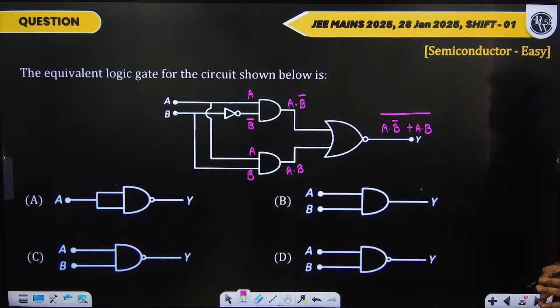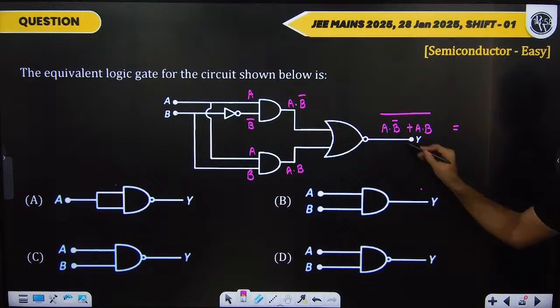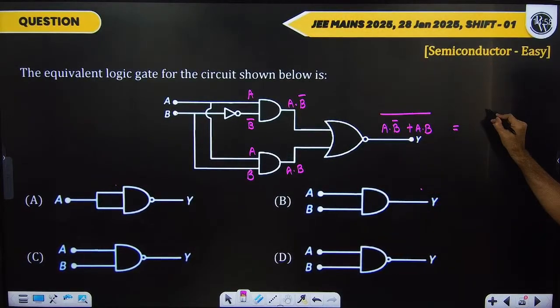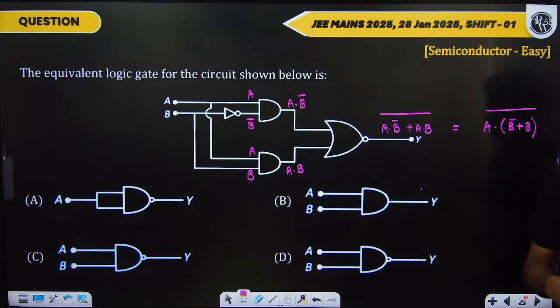Need to simplify this. First, you can take A common here, by the associative law. A dot B bar plus B. Now let us see what B bar plus B gives us.